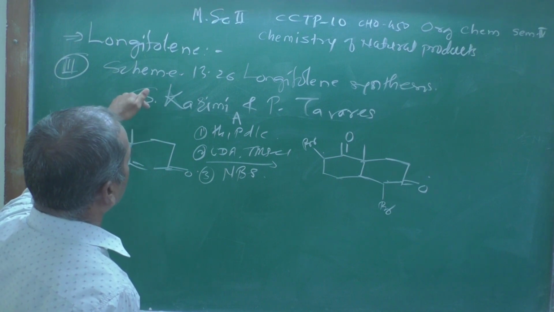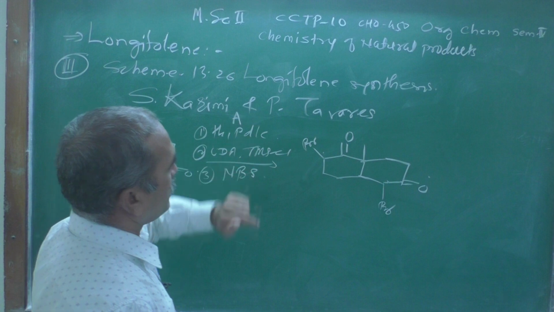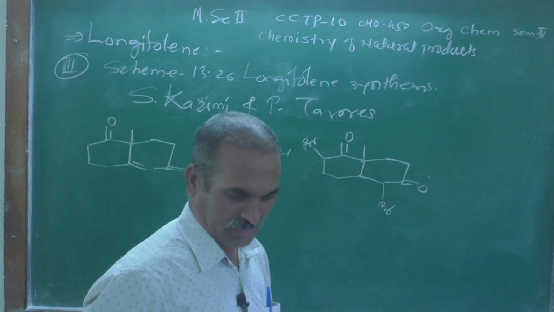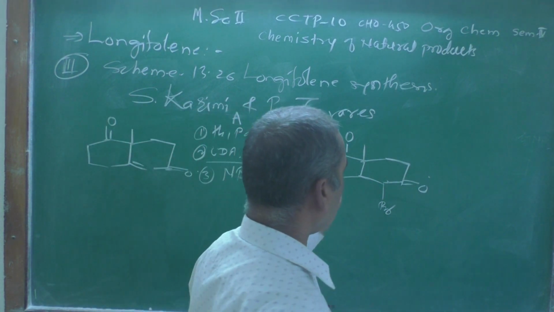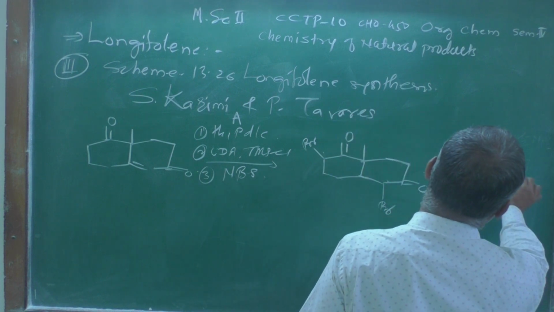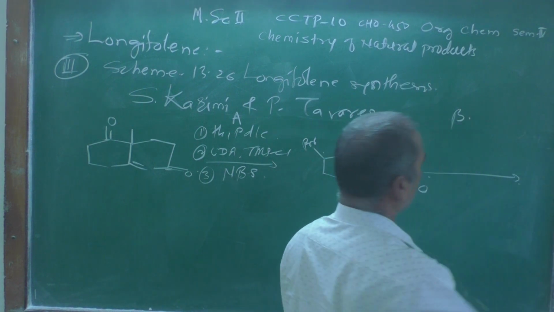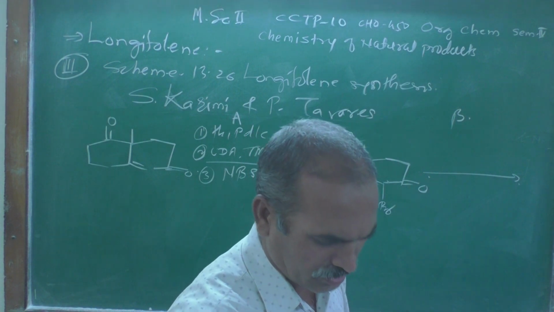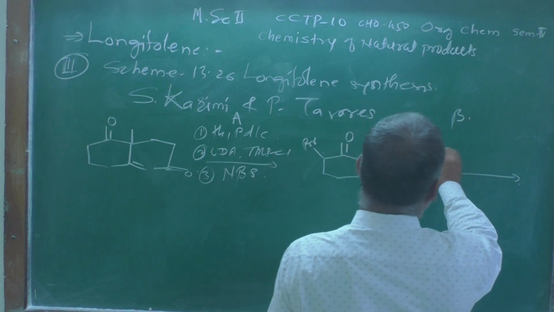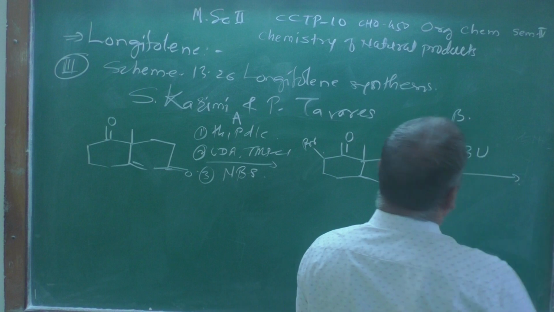This synthesis was done by the scientists S. Karimi and P. Towers, and they used these reagents. Now upon this we are going to use the B reagent, and the B reagent will be DBU.